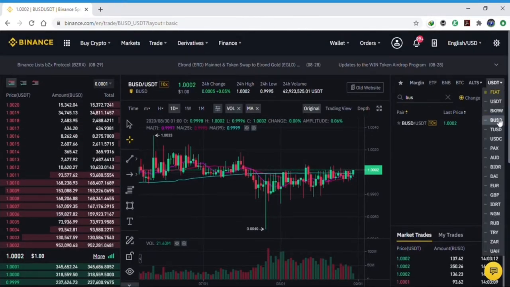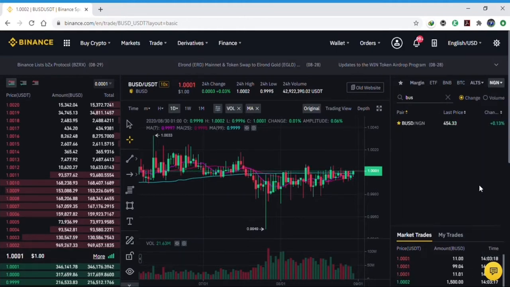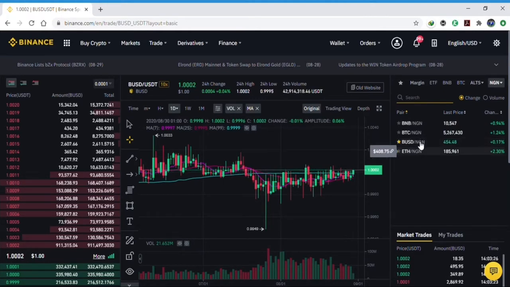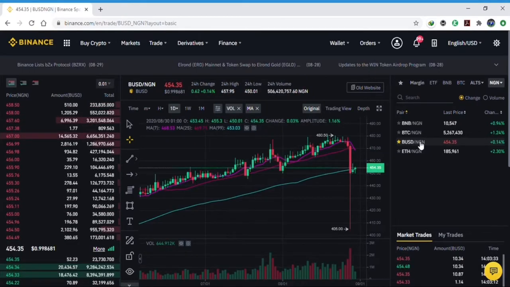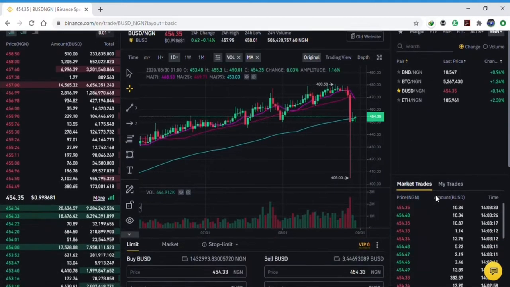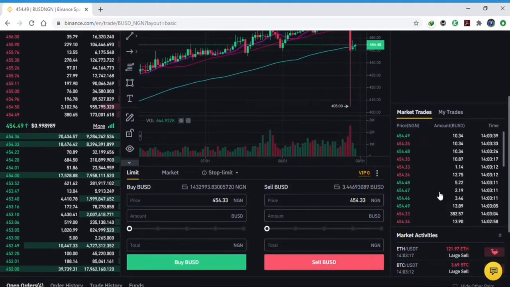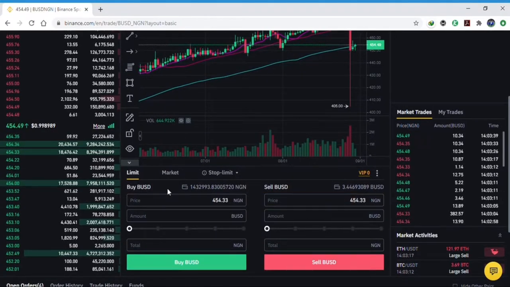Then I'll go back to my coin pair here and look for BUSD NGN to sell back to Naira. So yeah, I want to sell my BUSD for Naira.